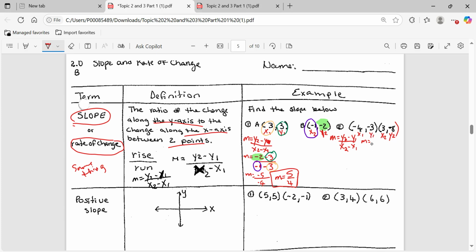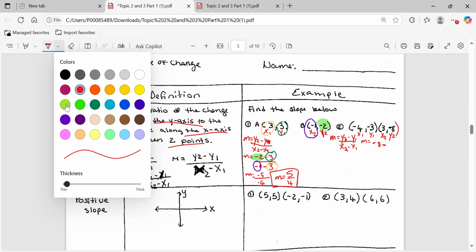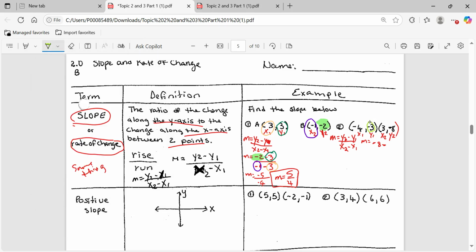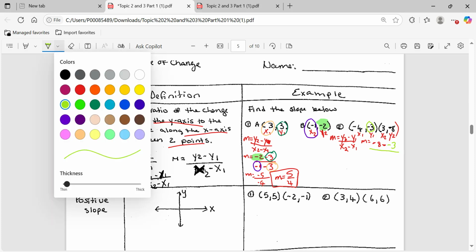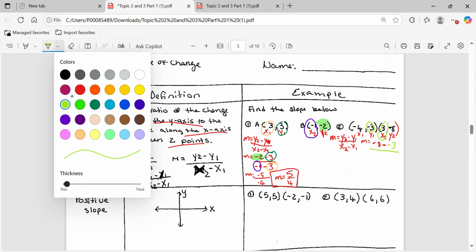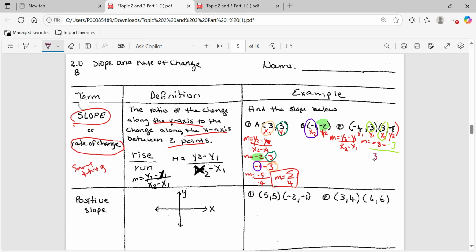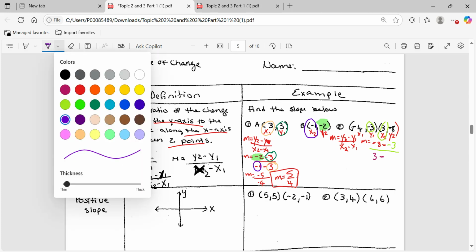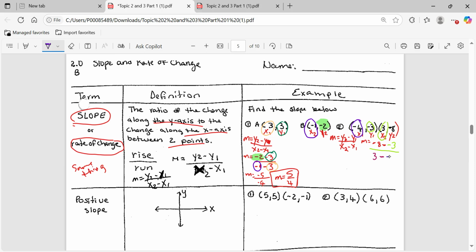So your slope is equal to negative 8 minus y1, which in this case is negative 3, and it's going to be divided by x2, which is 3, minus x1, which is negative 4.